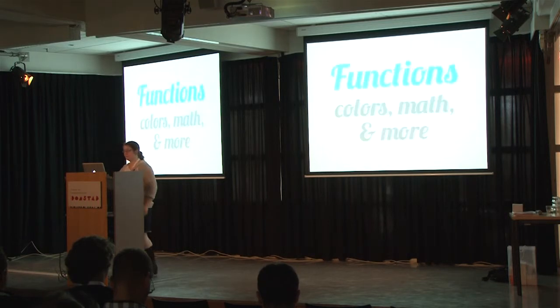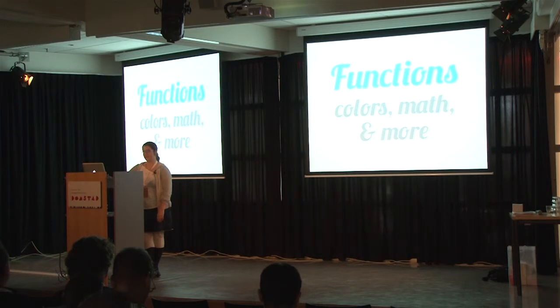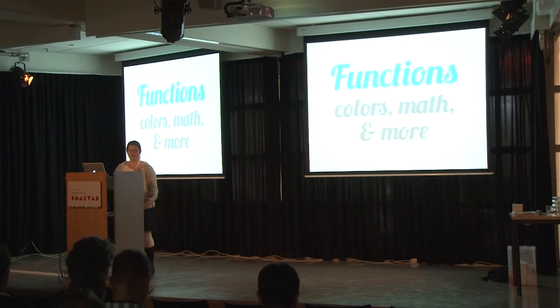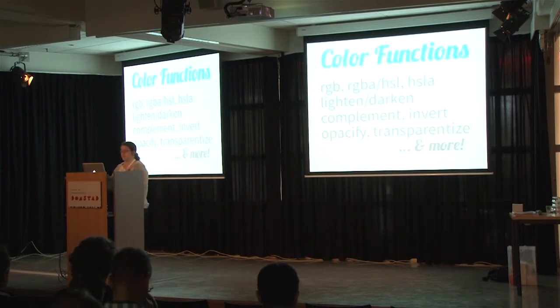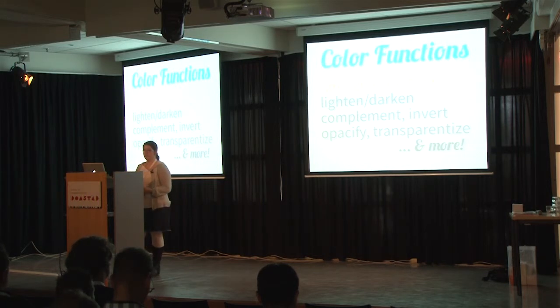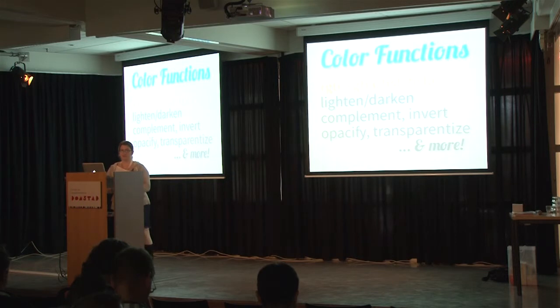No? Okay. So let's move on to the next feature, which is functions. There are built-in functions in SCSS to help you with colors, math, and more. The color functions are super cool. You can construct colors, so you can tell it what proportion of red, green, and blue you want, or hue, saturation, lightness, including or not including alpha.